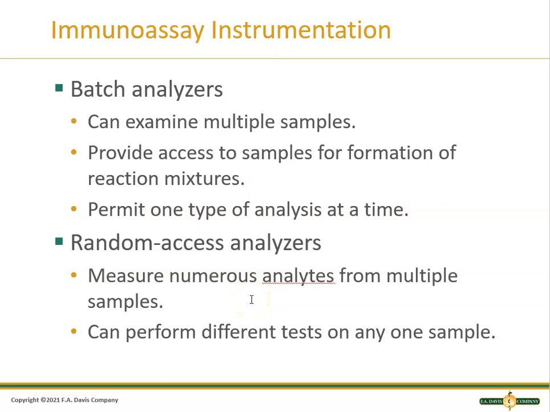Say you've got a patient that needs electrolytes, sodium, potassium, chloride, CO2, BUN, creatinine, glucose, all this stuff. What it will do on patient A, it'll run all that stuff, and then it'll go to the next patient. So you'll get all the results for all the tests you required on that one patient at the same time, or very close to the same time, as opposed to running all the glucoses and then all the BUNs and all the whatevers. So most of the instruments now are random access analyzers.